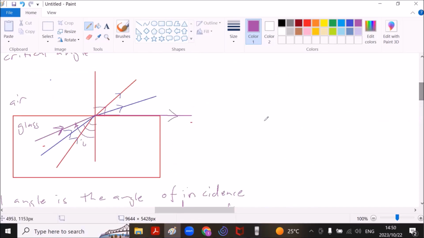Now, if we go beyond the critical angle, our wave is reflected back totally. Our angle of incidence will be equal to our angle of reflection from the laws of reflection. Incident will be equal to reflection, and our ray is reflected back totally.